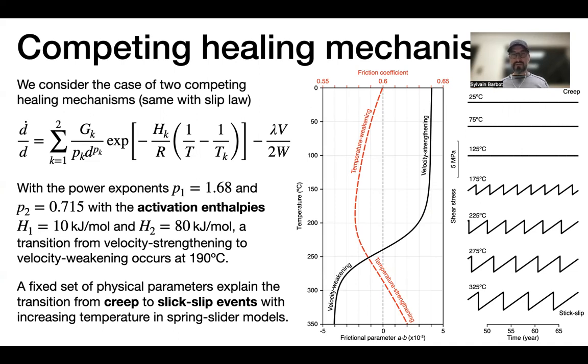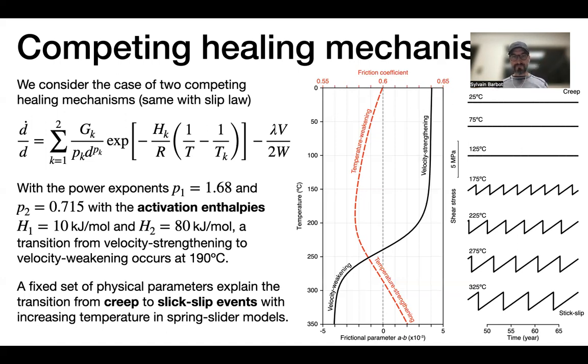And so with these parameters, we find a transition from velocity strengthening with A minus B equals 4 times 10 to the minus 3 at room temperature, transitioning to velocity weakening with A minus B equals minus 4 times 10 to the minus 3 at 450 degrees, with a transition to velocity neutral at 240 degrees, for example. And that is accompanied with a transition from temperature weakening. You can see that the friction coefficient decreases with higher temperature.